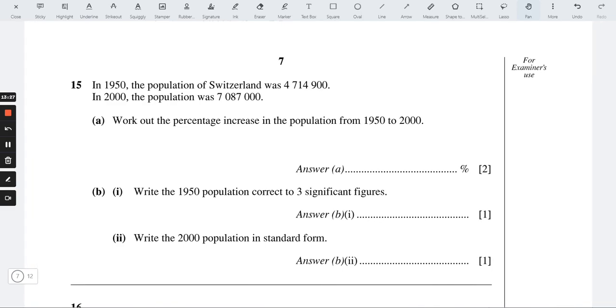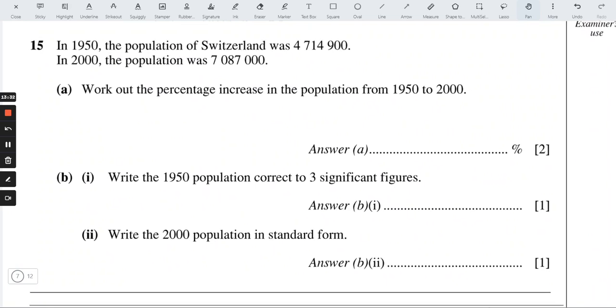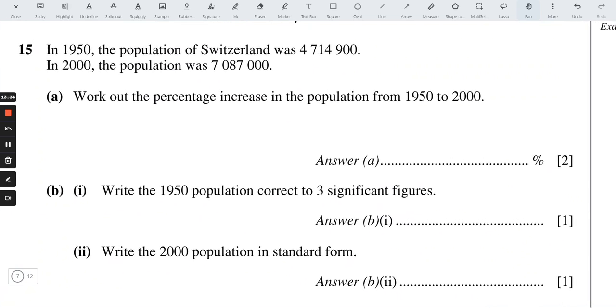Now question 15 here. In 1950, the population of Switzerland was this number, 4,714,900.